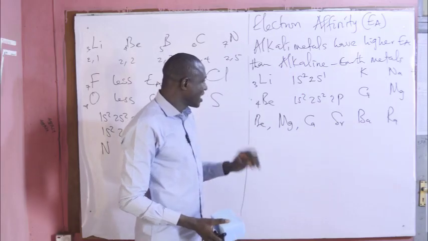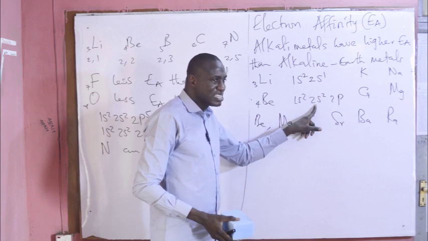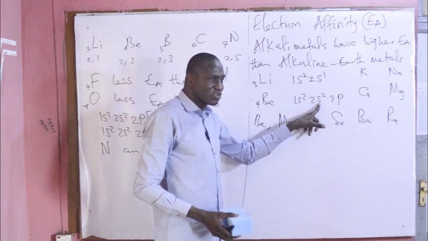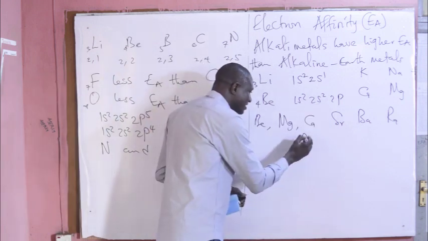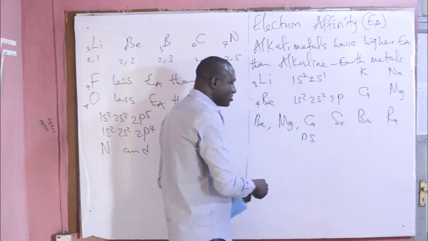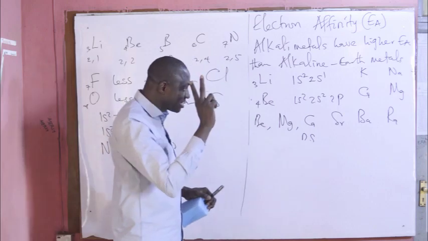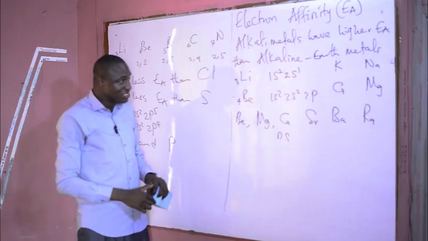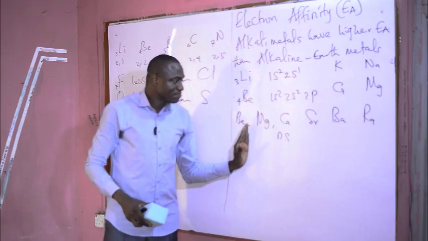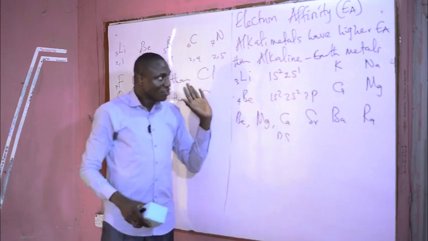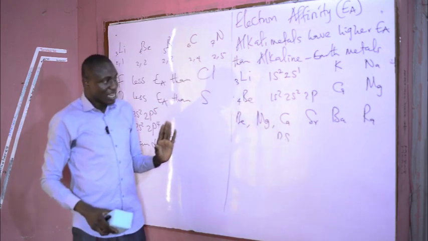And what results in that is their stability in the valence orbital electronic configuration of ns. Their valence electrons are found in the ns, and that s orbital is completely filled, which can take a maximum of 2 electrons. That is the reason why these members of that group have almost 0 electron affinity.